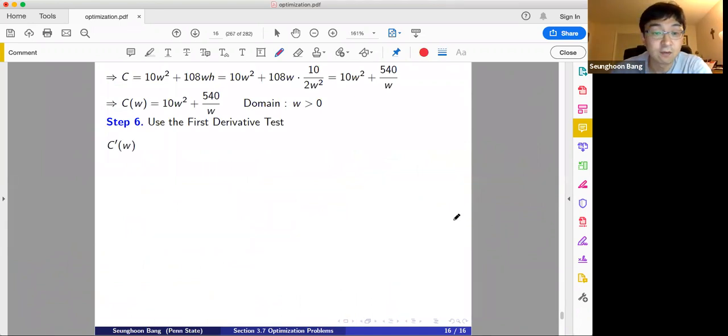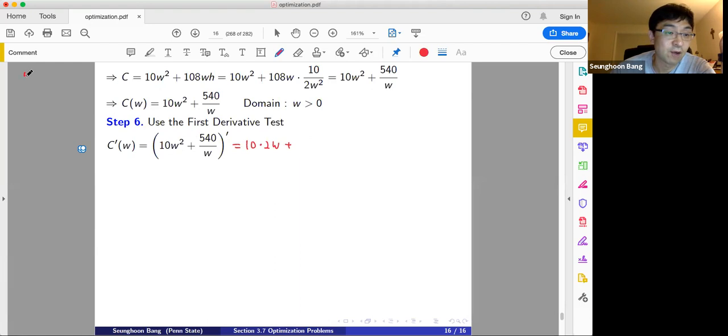So C prime of W is the derivative of 10W squared plus the derivative of 540 over W. The derivative of 10W squared is 10 times 2W. For 540 over W, we can use the quotient rule: the derivative of the top times the bottom, minus the top times the derivative of the bottom, over W squared. 540 prime is 0, and 0 times W is 0.